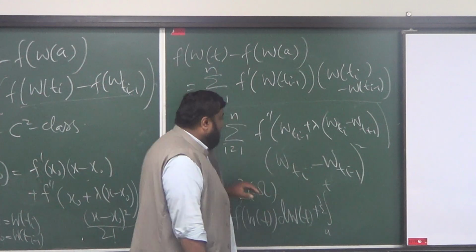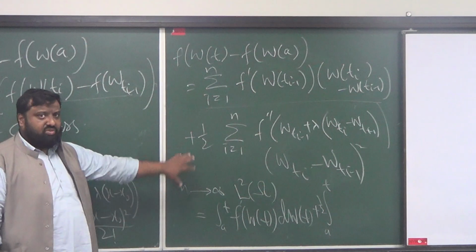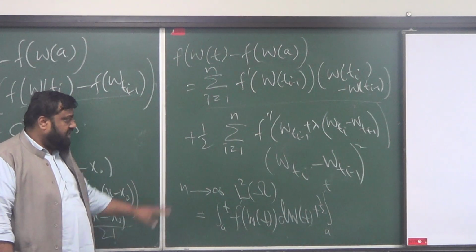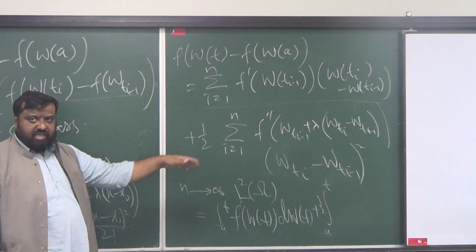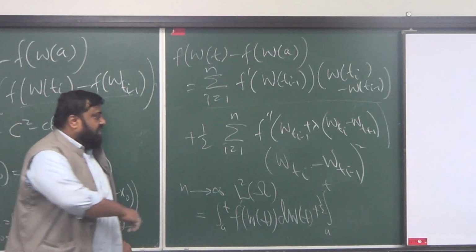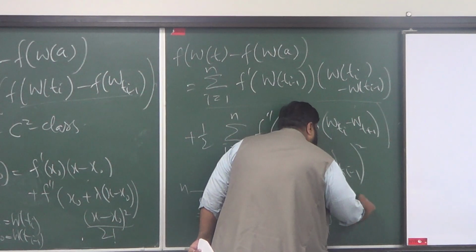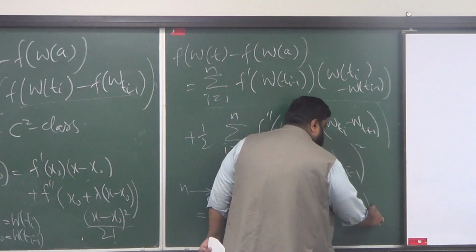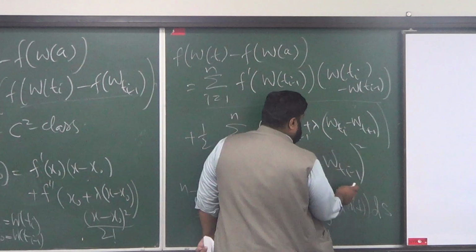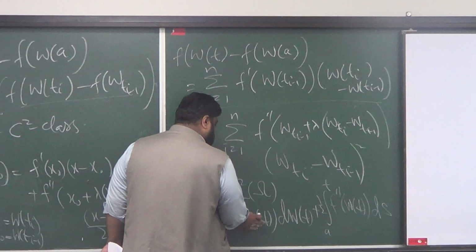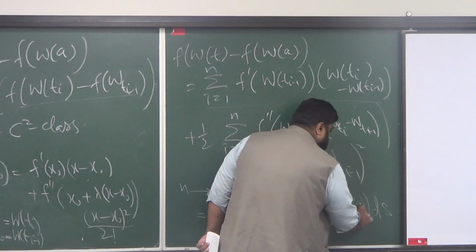Roughly, heuristically, I'm going to justify it later when I write the proof of the so-called lemma; I'm going to get into the details. But this is roughly going to be the integral of f double prime of W of s ds. If I'm writing t here, I should write s everywhere. So I'm going to have something like this.